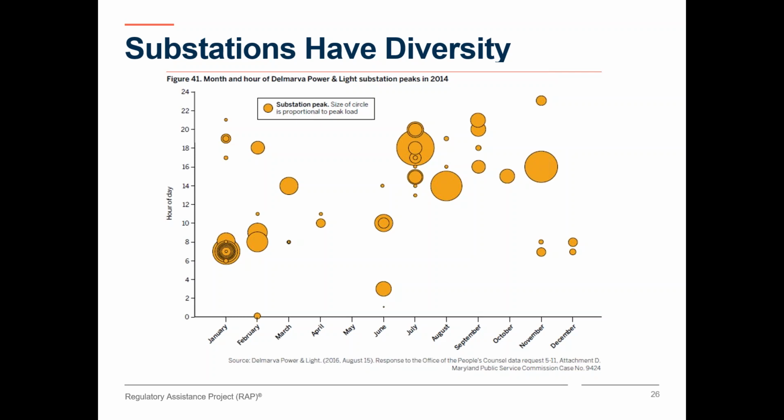The various substations experience peak loads in every part of the year: summer, winter, spring, fall, and every part of the day, from early in the morning when it's still dark out till 10 or 11 at night. A single peak hour, or even multiple hours with high aggregate system load, would not be an appropriate basis on which to allocate substation costs.